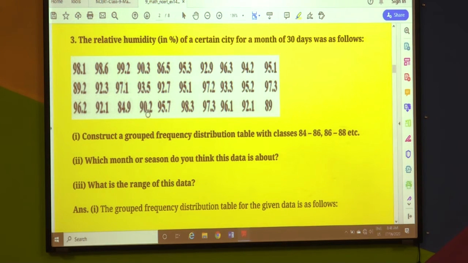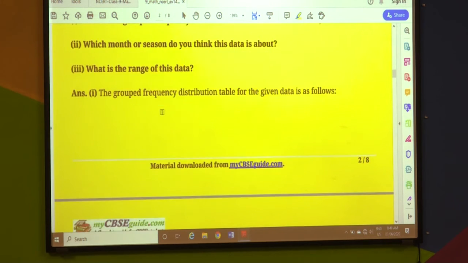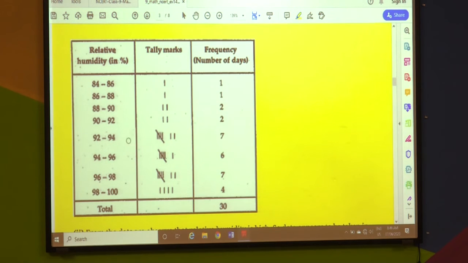The other values are less than 99.2. Finally we come to the conclusion that the maximum is 99.2. So we have to end at 100, because we have kept a class width of 2.